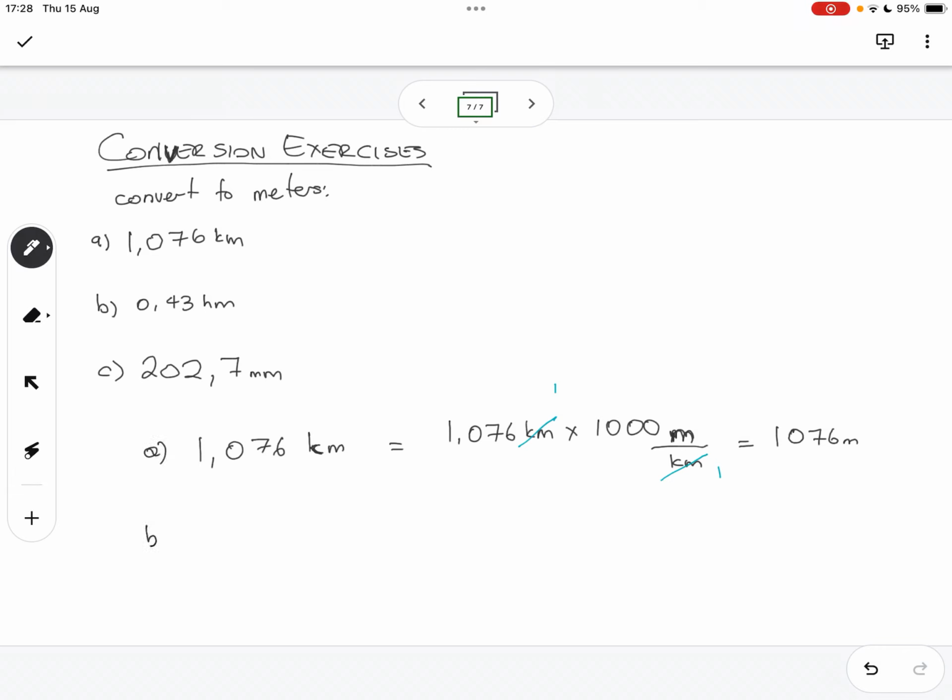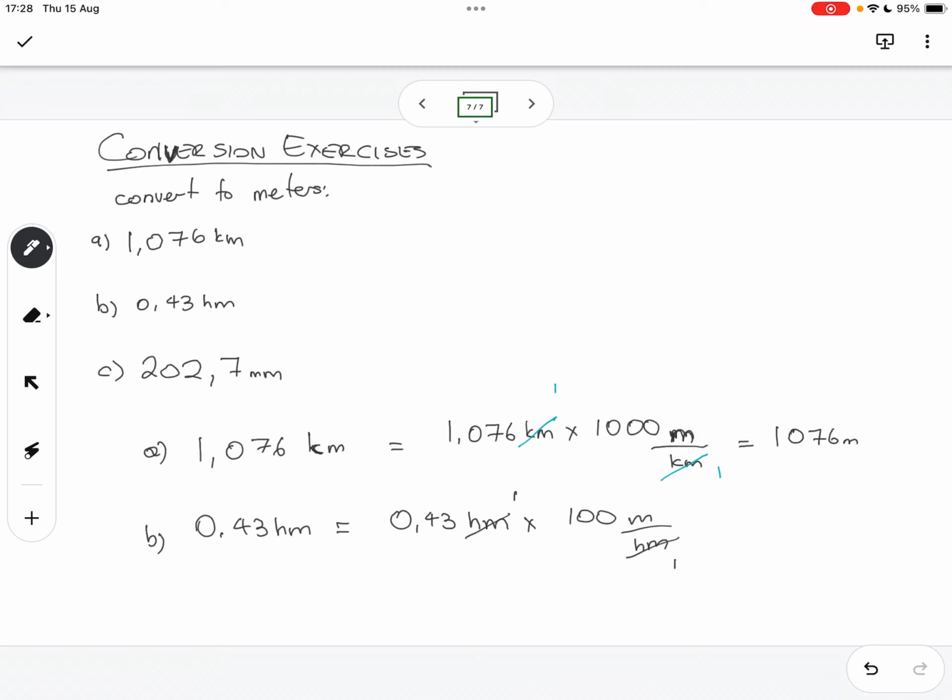For B, 0.43 hectometer. Remember we said a hectometer is 100 meters, right? So to meters, that would be 0.43 hectometer times 100 meters in a hectometer.